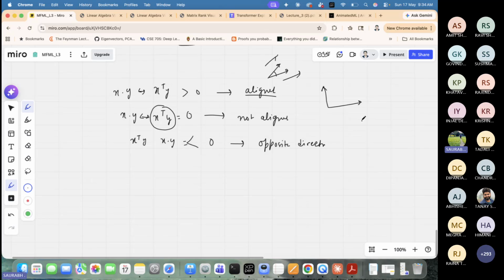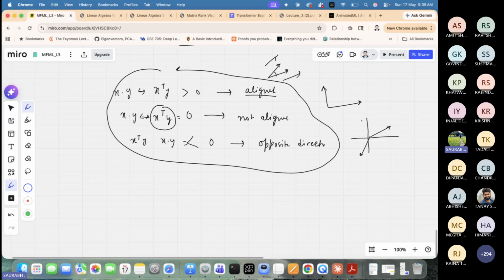When you have vectors like these two, the dot product could be negative, and because the dot product is negative, it means that they are aligned in different directions. So this is what the meaning of the dot product is. If the dot product is positive, they are somewhat aligned. If it is negative, they are not at all aligned. If it is less than 0, they are in opposite directions.